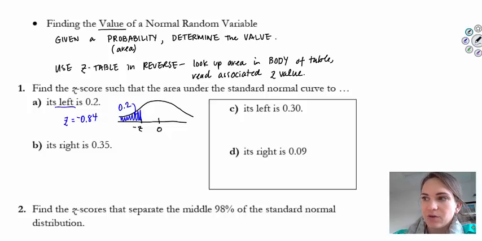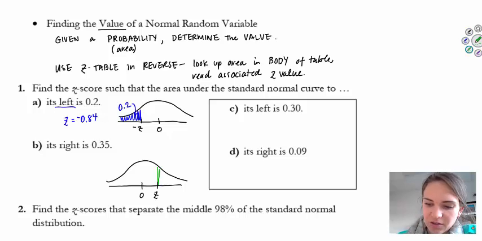Now if we rephrase the question and find the z-value so that the area to the right is 0.35, the mean is still 0. There's some z-value so that the area to the right is 0.35. Now we have some choices. The table doesn't give us area to the right right away.